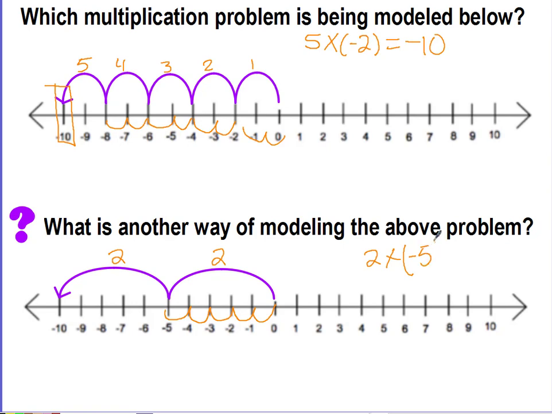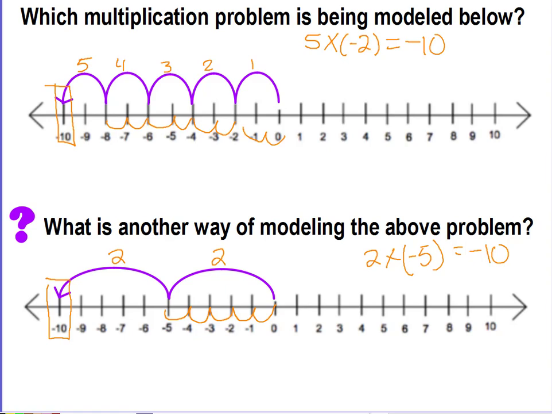Each group contains -5. Again, a +2 times a -5 equals -10. Just like above, I can confirm using my number line. Even though they look different, they are essentially the same thing.